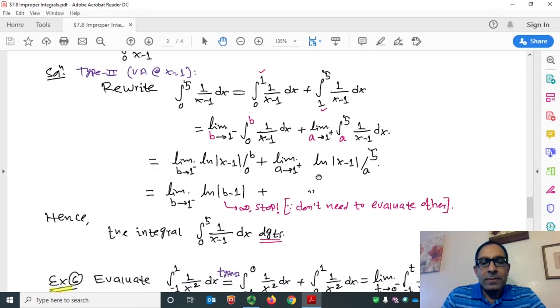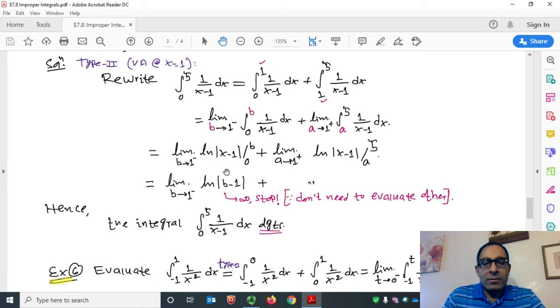Let's move on. Now let's evaluate here. The next step, limit as b tends to 1 from the left. The integral of 1 over x minus 1 is simply natural log of absolute value of x minus 1, evaluated from 0 to b. Similarly, plus limit as a tends to 1 from the right of natural log of absolute value of x minus 1 from a to 5.